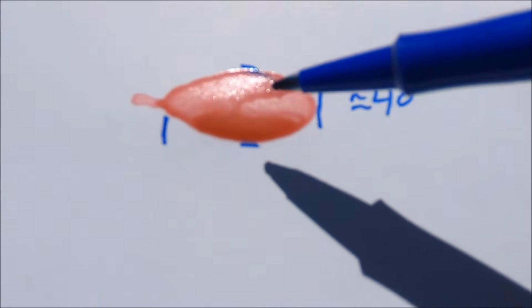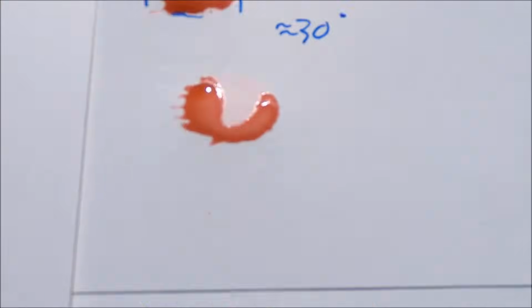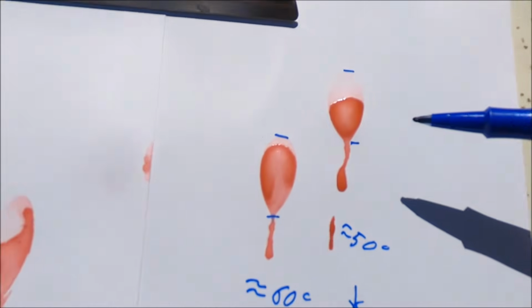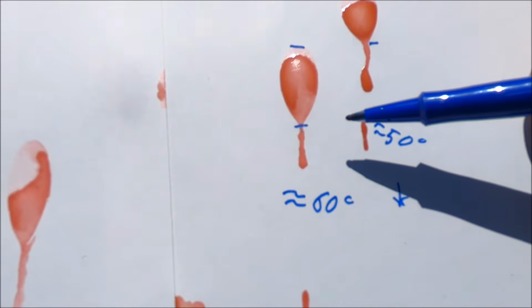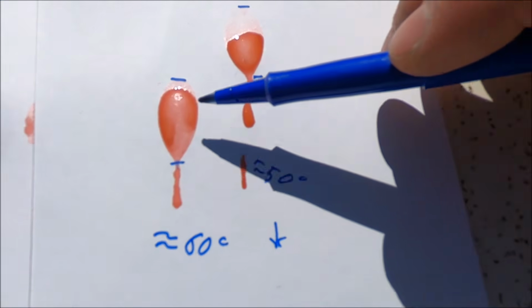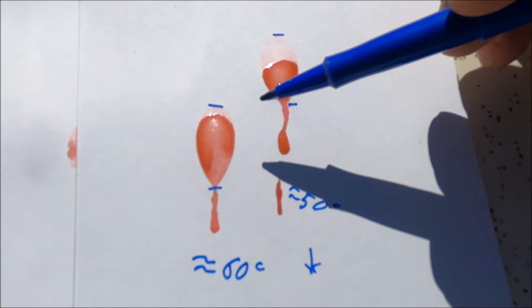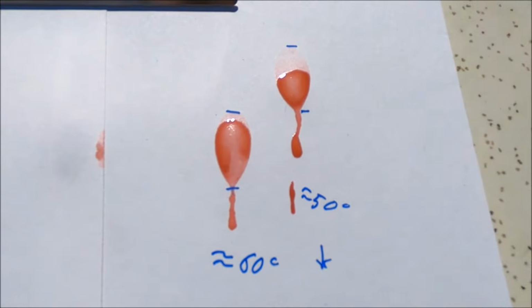We can see that the length is getting much longer, and the width is staying approximately the same. Then we get to our really sharp angles: our 50 degree angle and our 60 degree angle. Again, we don't want to include those tails in our measurements, but they keep elongating more and more, showing a sharper angle of impact that those blood drops are hitting at.